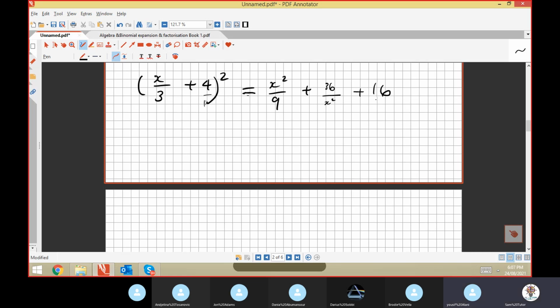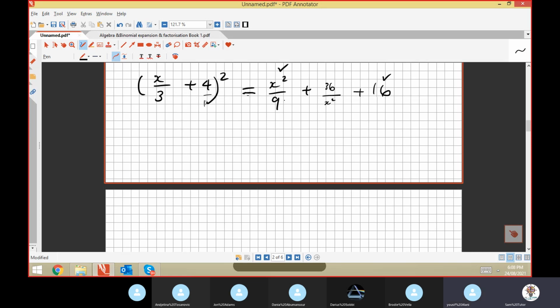All right, your 16 I agree with, your x squared on 9 I agree with. This 36 on x squared, I'm trying to understand what you've done, so give me a second. Tell me your process.